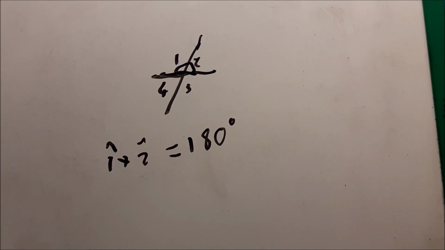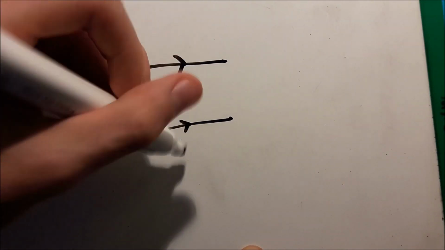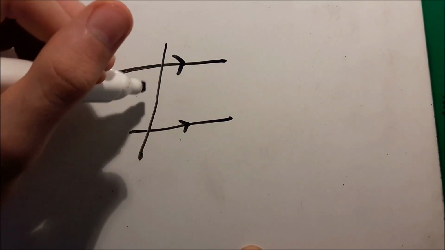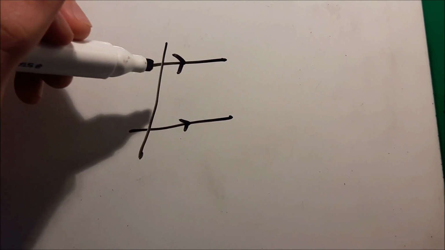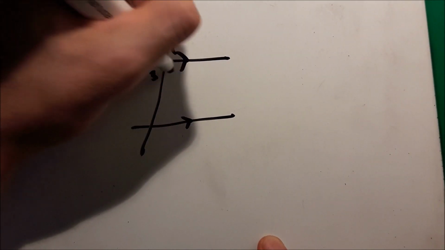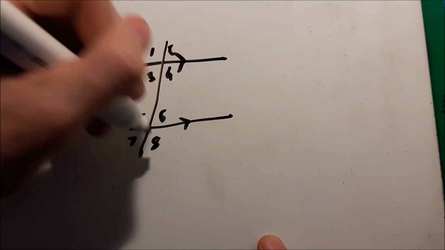Then now we're going to have parallel lines put in here. A parallel line, another parallel line. These two lines will never meet. And now we have a straight line going through these two lines, and we have angles 1, 2, 3, 4, 5, 6, 7, 8.